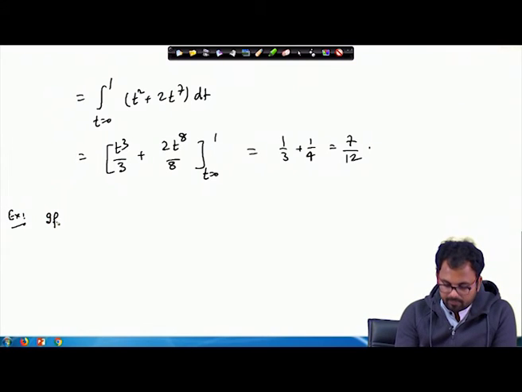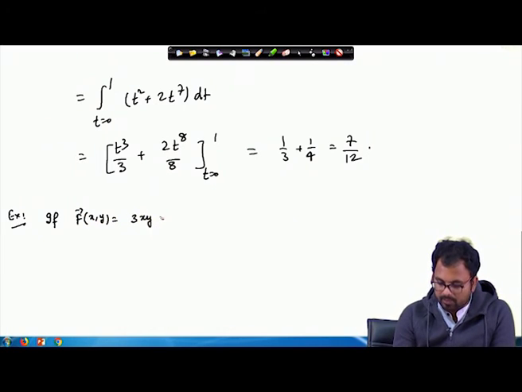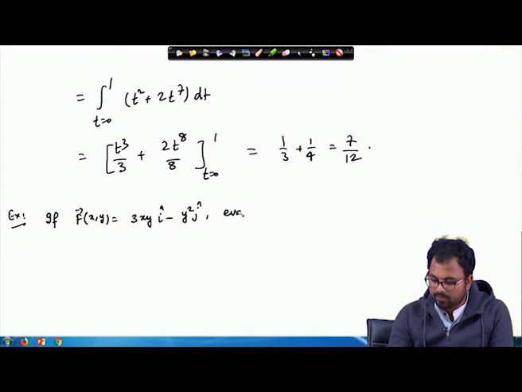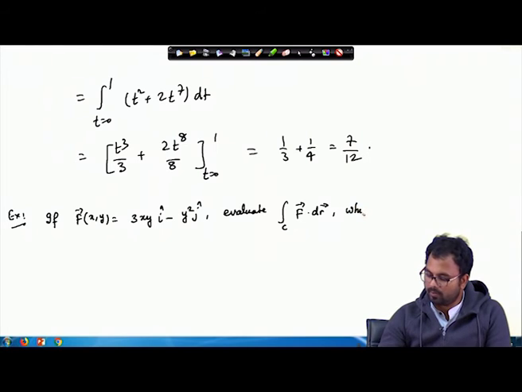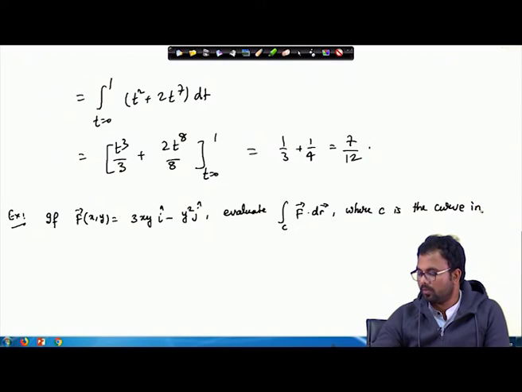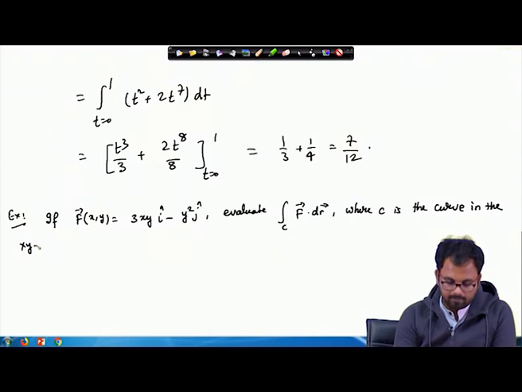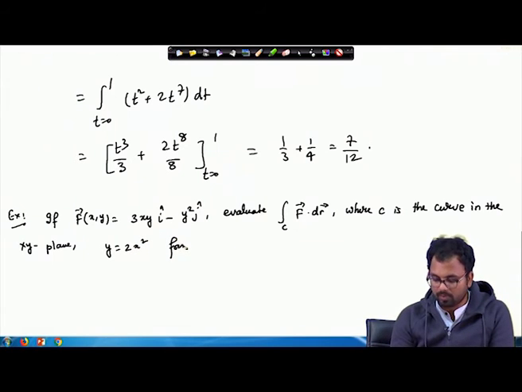If f(x, y) equals 3xy i minus y square j, then evaluate the line integral of f dot dr, where C is the curve in the xy plane, y equals 2x square, from (0, 0) to (1, 1).